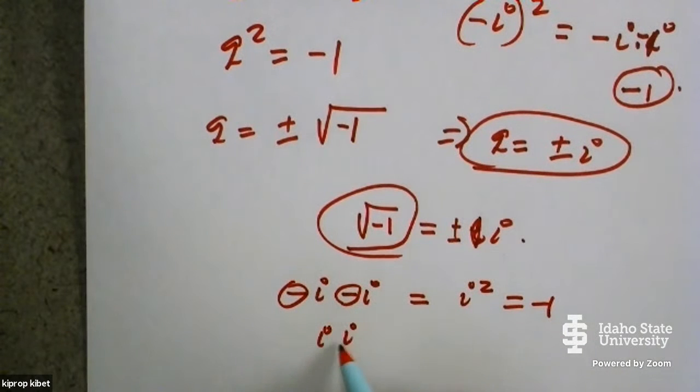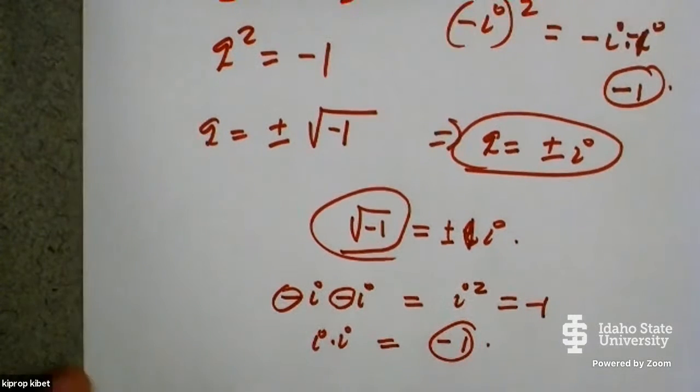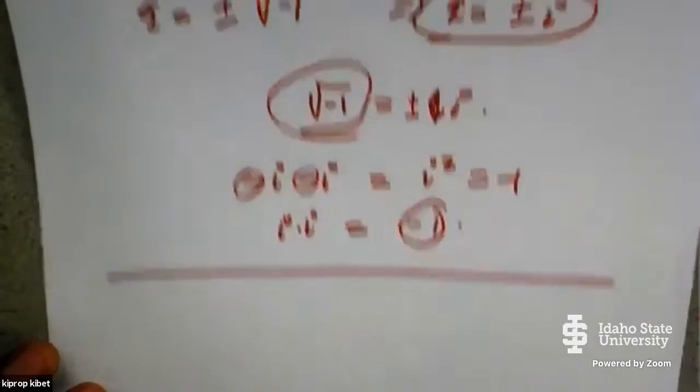So it is the same thing. So we should use the square root property.